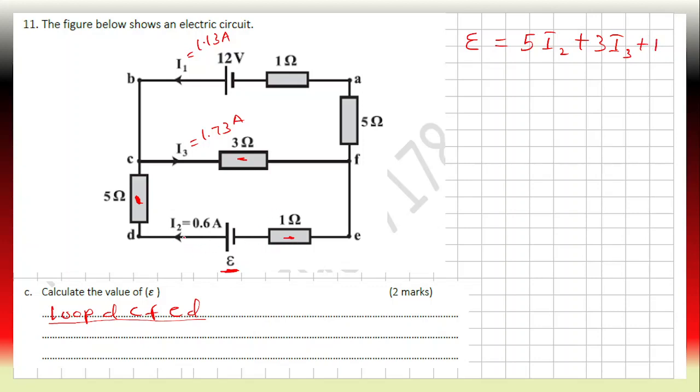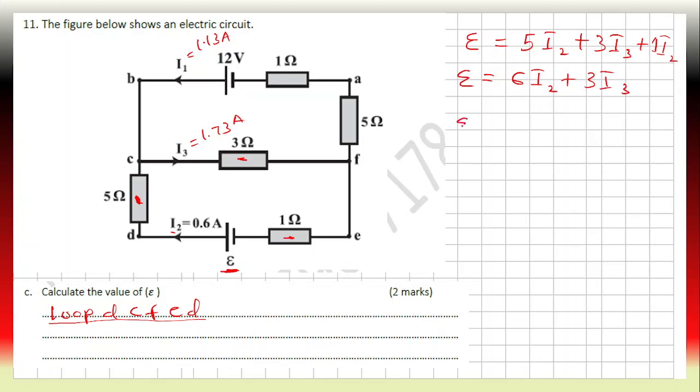It is the same as the current through the 5 ohm. So it is I2. So 1 I2. You can bring them together. So you'll have your E being equal to 6I2. So I've added 5I2 plus 1I2, but you can still substitute them in the long way and then work them out.